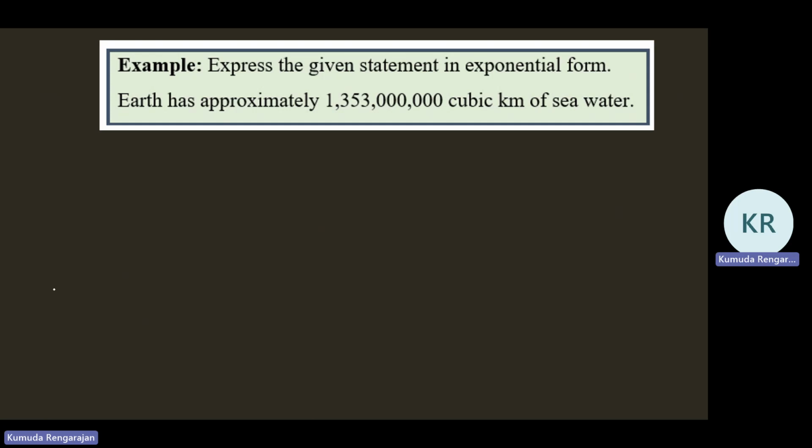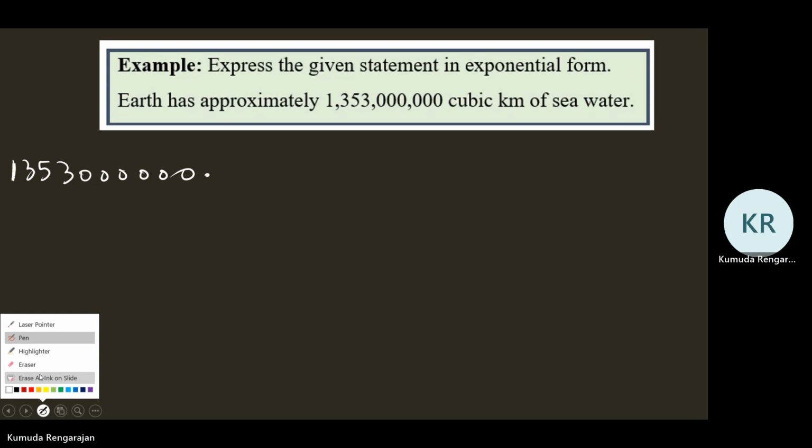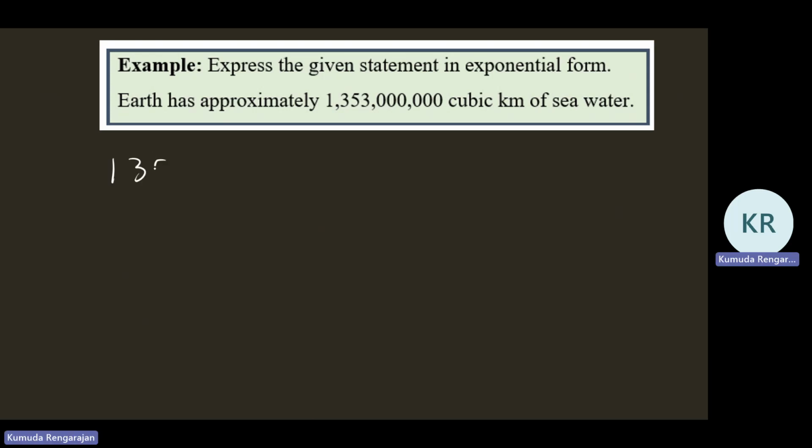Let me write it neatly again. 1 3 5 3 followed by 1 2 3 1 2 3 is equal to the decimal point. If you can't see the decimal point, it's here after the number. 1 2 3 4 5 6 7 8 9 10.